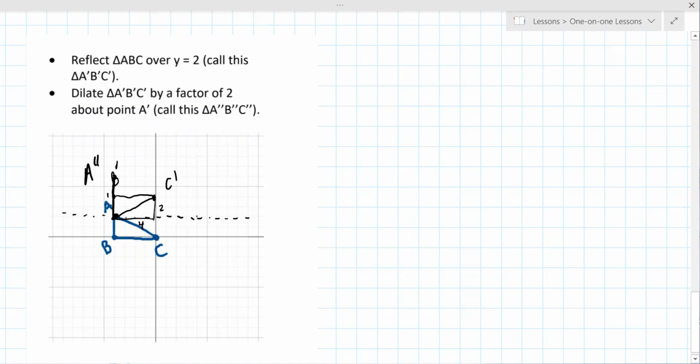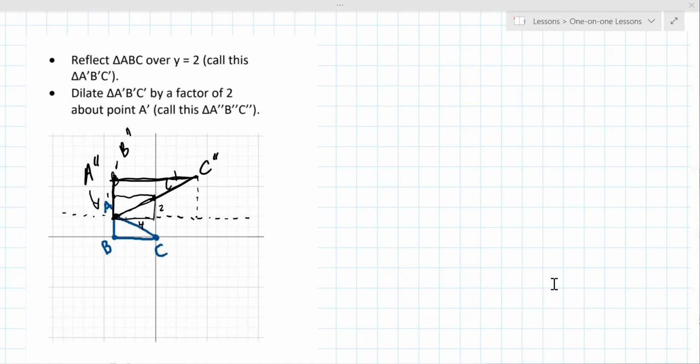So you go, and then you can see that this attaches on there. C double prime. All right, that makes sense. So the key is to do it in stages, not all at once.